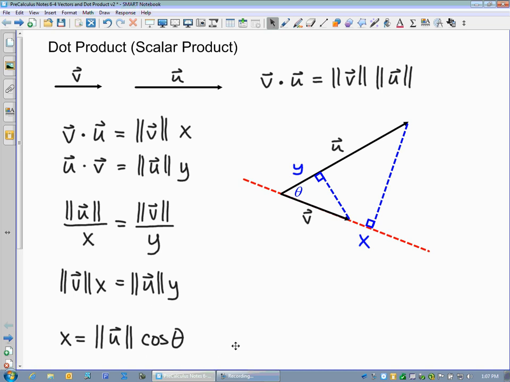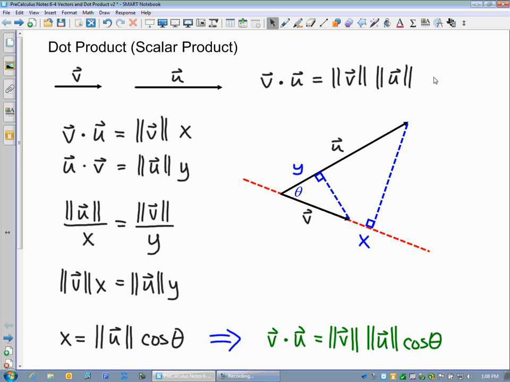And from this we can imply, by way of substitution into this equation, I want to take this equation and instead of x, I'm going to substitute this expression. And that will give me the fact that the dot product of v dot u is equal to the product of the magnitudes times the cosine of the included angle.